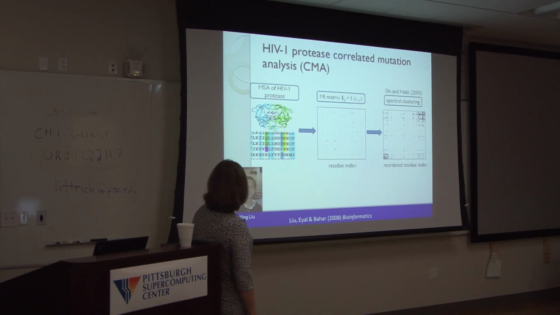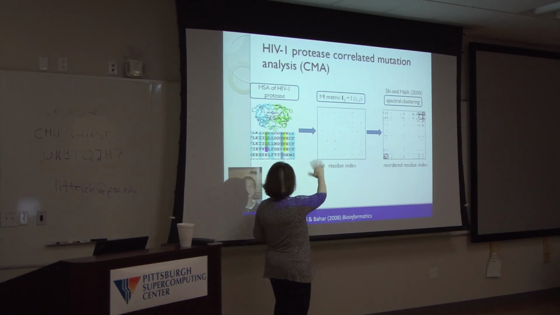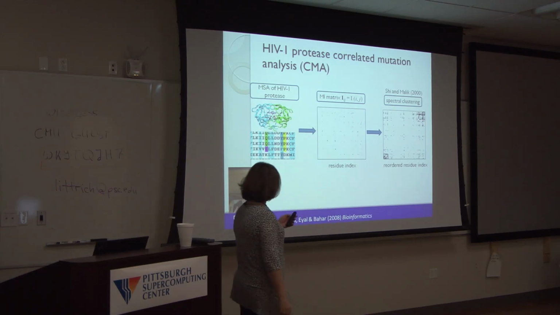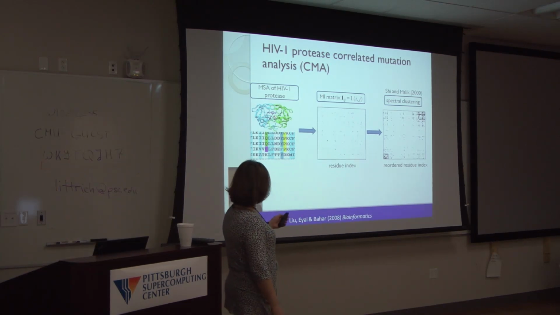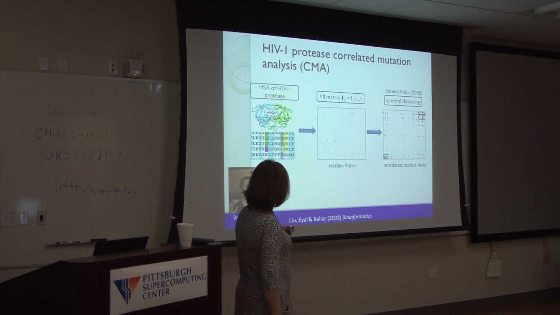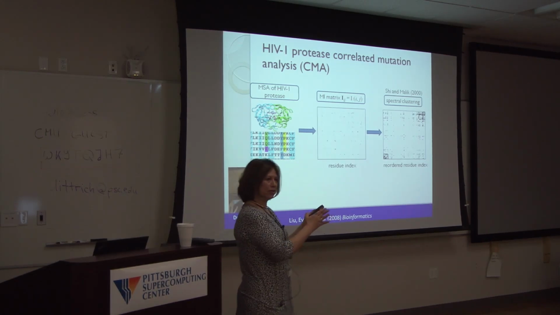And anyway, he did this type of spectral clustering where you are shuffling rows and columns to organize them in a better way, such that your sparse matrix now has some entries that are collected together.